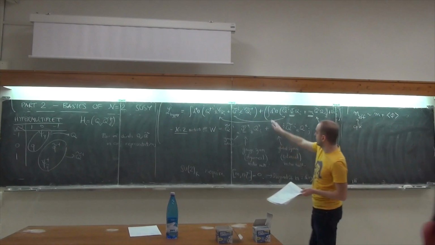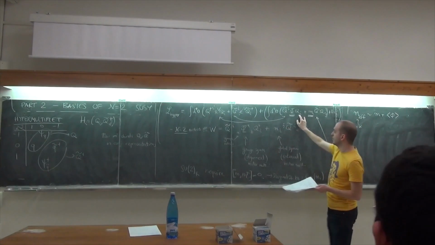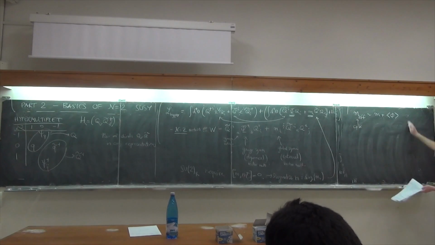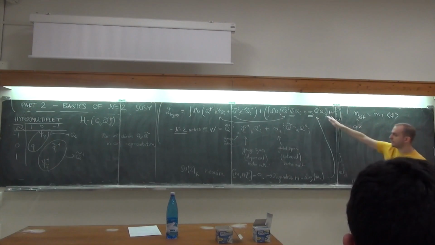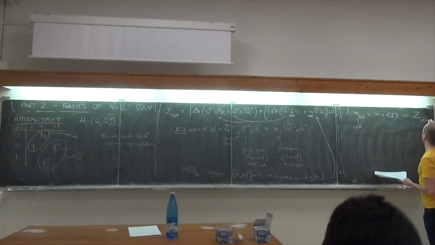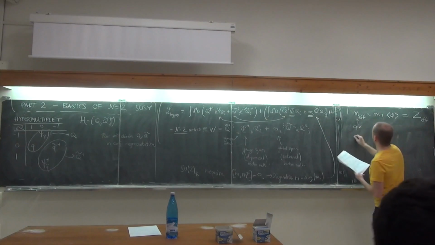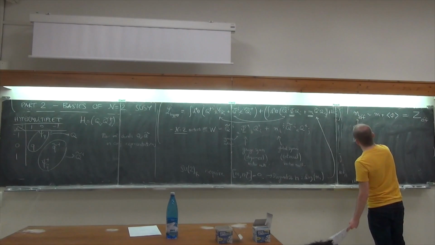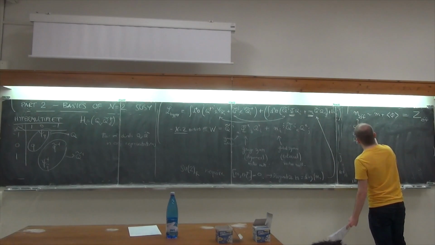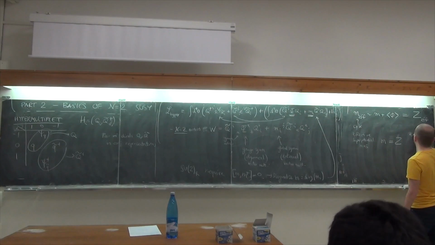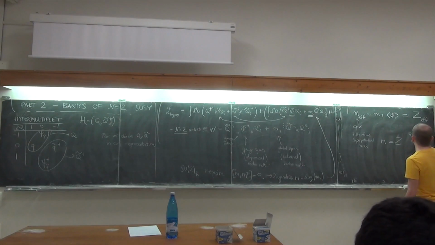I told you that this describes a massive hypermultiplet, and that the massive hypermultiplet is BPS saturated, and indeed this complex mass which appears in the superpotential is the central charge. So this effective superpotential mass is equal to the effective central charge.